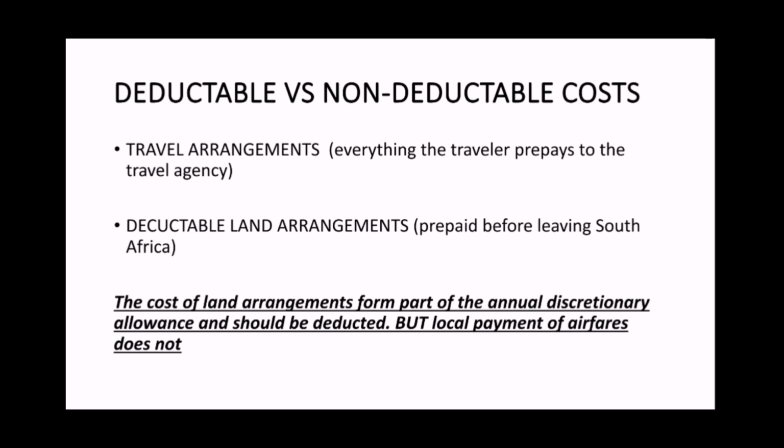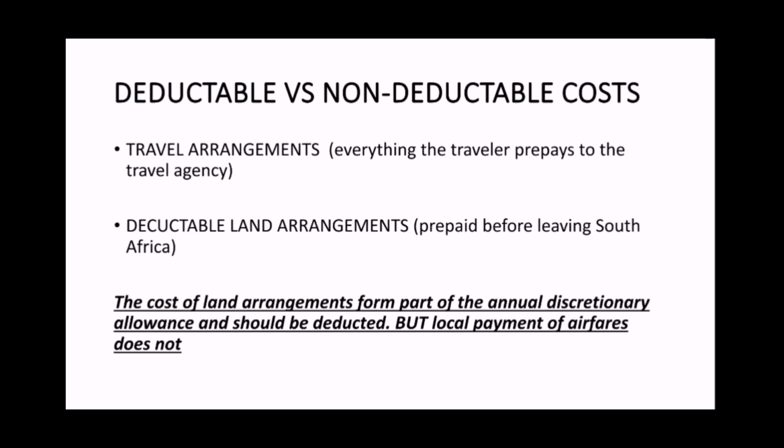Now, how do we know what we can deduct and what we can't deduct from the travel allowance? That brings us to this slide, which is deductible and non-deductible costs. The first thing that we need to understand is the concept of travel arrangements.